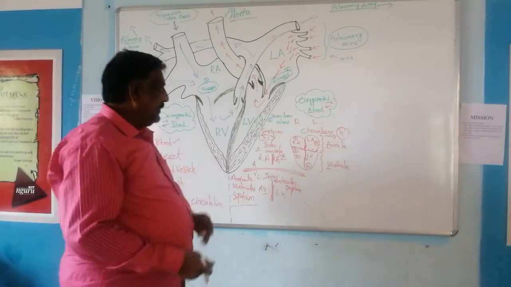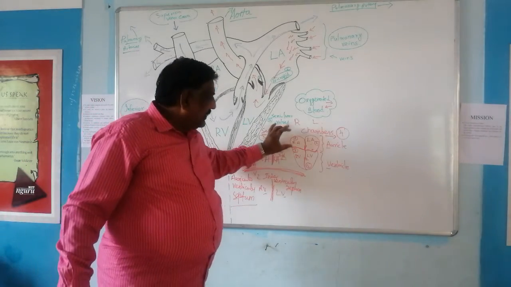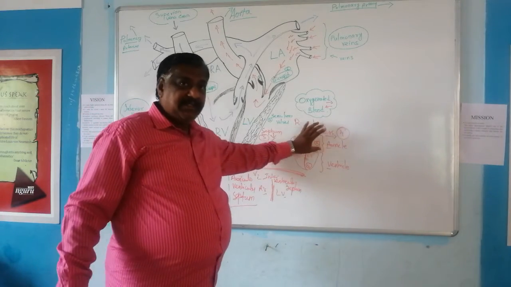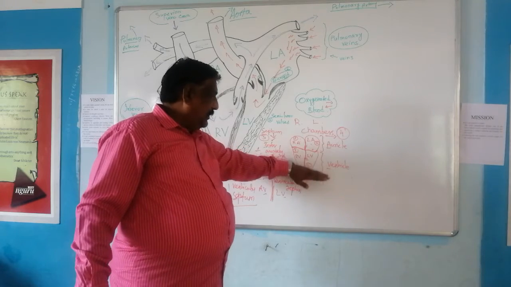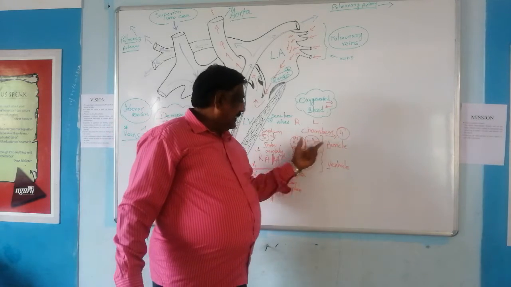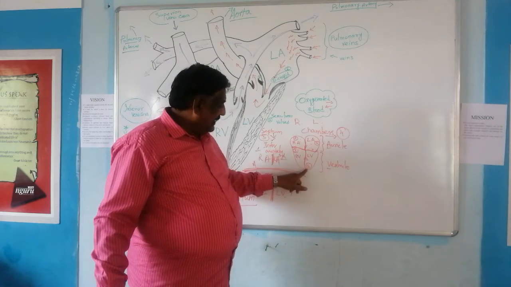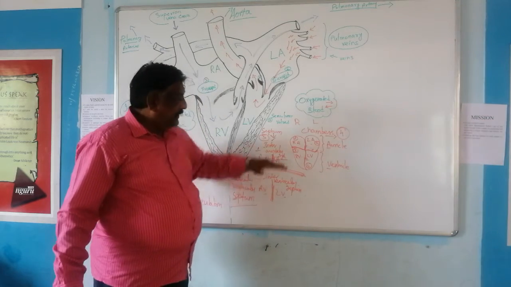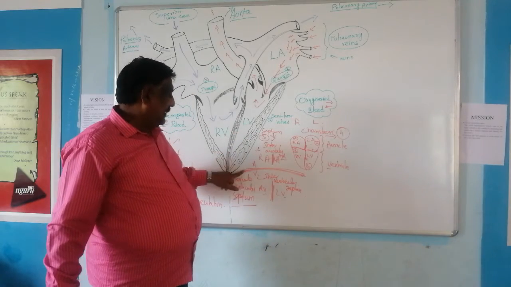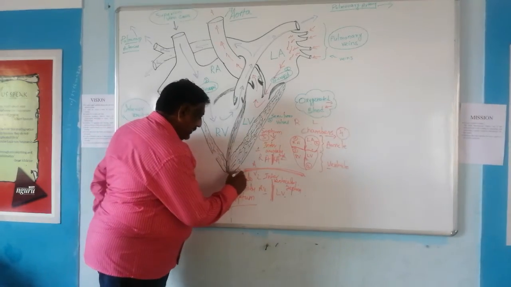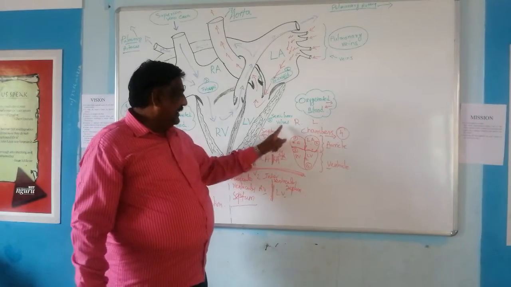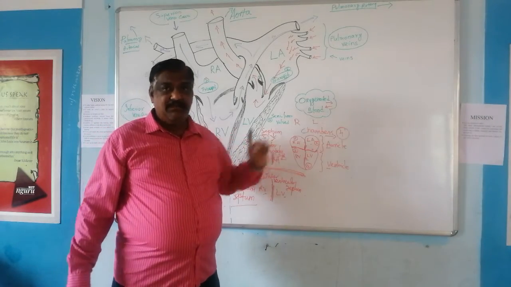We have seen this now. Do you have any doubt? Just see, the upper chambers of the heart are the auricles, the lower chambers are the ventricles. The auricle is divided by the interauricular septum. The ventricle is divided by the interventricular septum. Auricle and ventricle are divided by the auriculoventricular septum. So 3 septa divide the heart into 4 chambers.